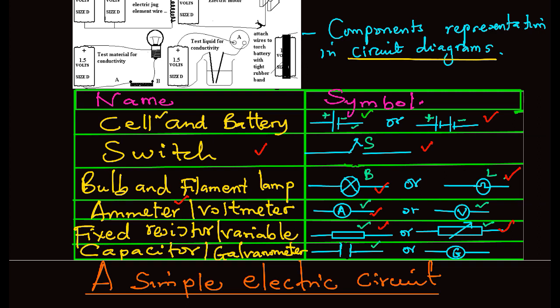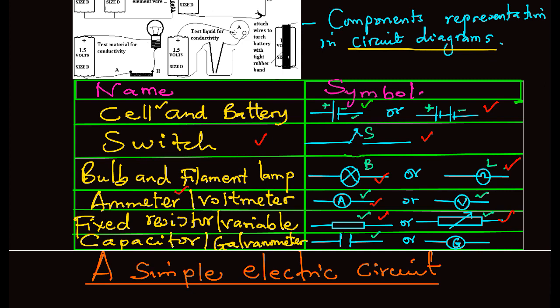So this is a capacitor, while this other one is a galvanometer. These are just but a few electrical components with their symbols.